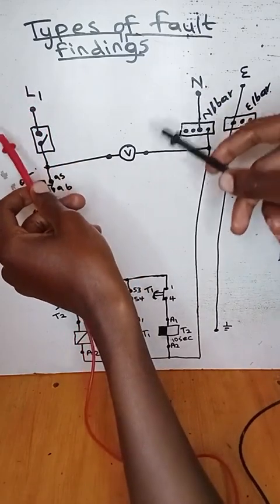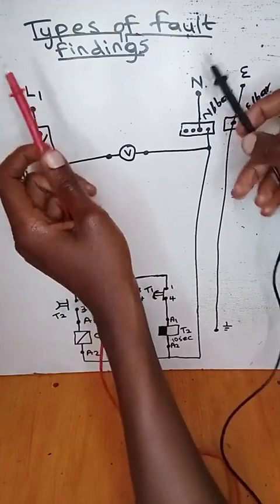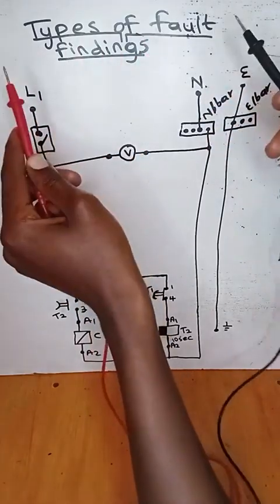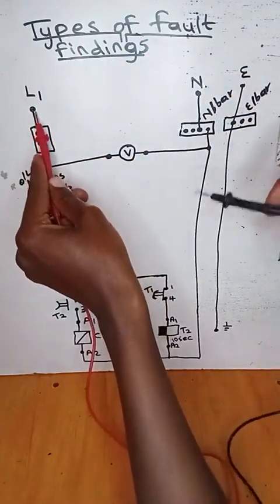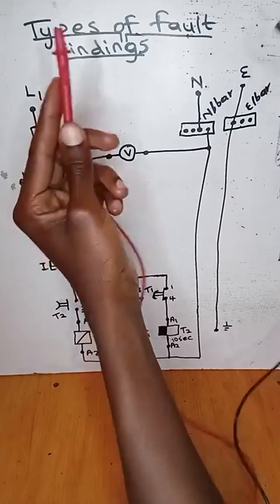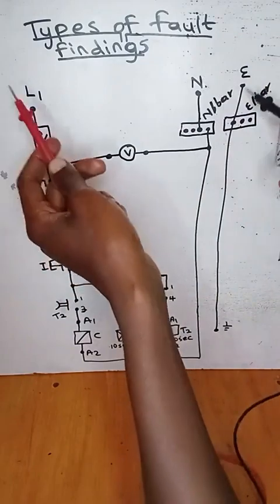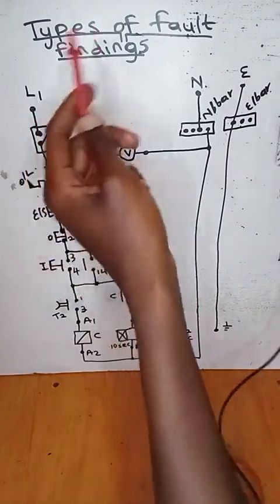And if they are connected, it simply means that is our fault, because live and neutral shouldn't be connected to each other, right? You also test live and earth, right, to check if they are connected or not connected. To be right, they must not be connected to each other.